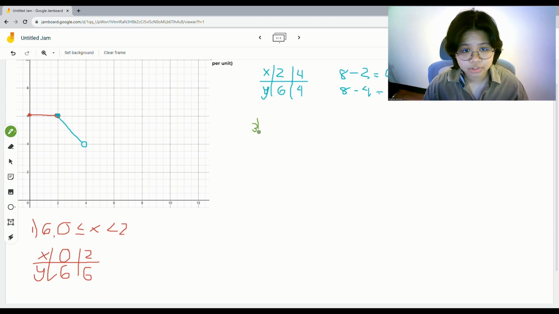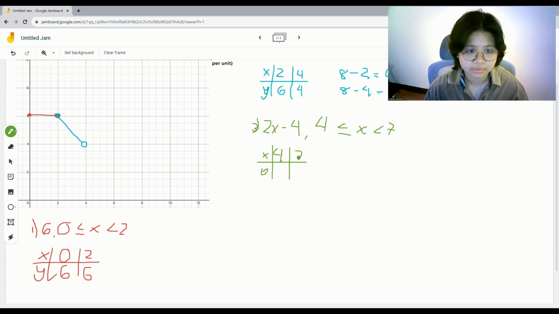For our third function, we will solve the equation 2x minus 4 if 4 is less than or equal to x and x is less than 7. First, we need to make a table and put our two given x values, 4 and 7, inside the table. Again, we are going to do substitution. Since our first x is 4, we will substitute it with 2x minus 4, making the y 4.